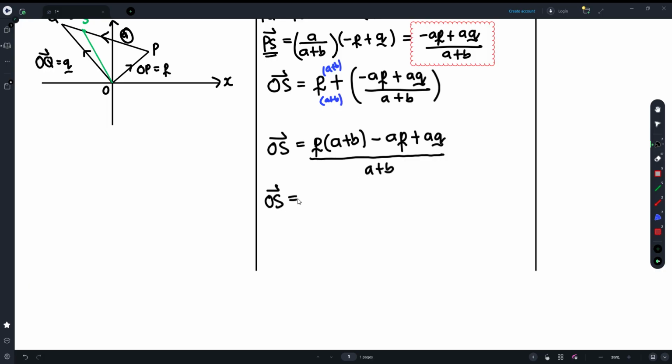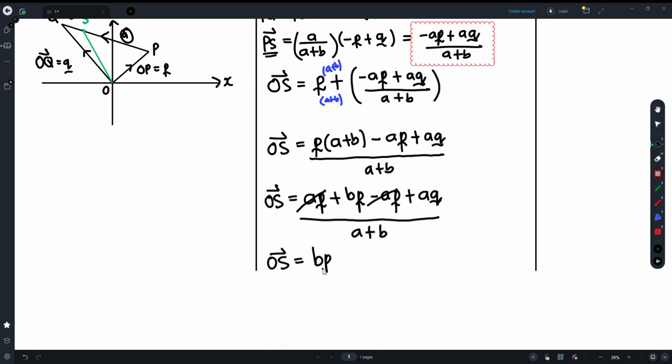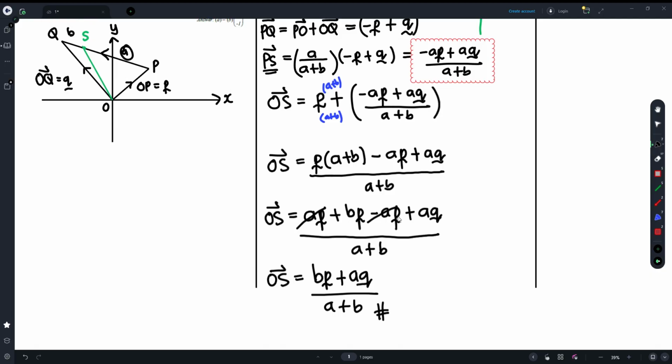So I get my vector OS equals AP plus BP minus AP plus AQ over A plus B. As you can see, AP and AP are cancelled off, so we only have BP remaining. So BP plus AQ over A plus B, and that will be my answer, and it is proven.